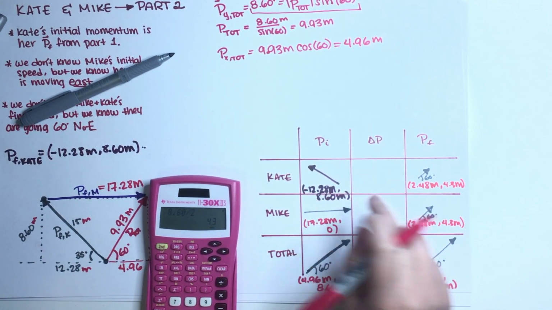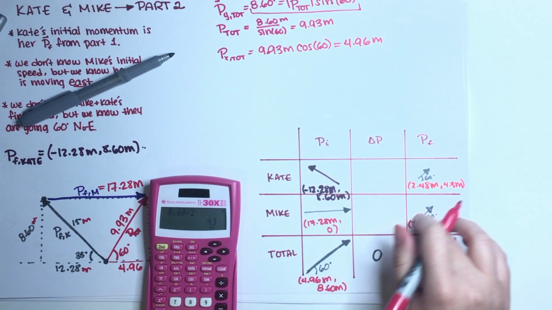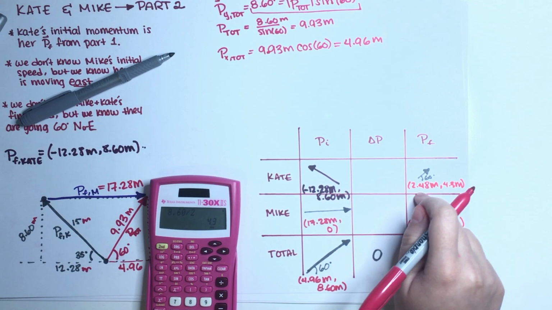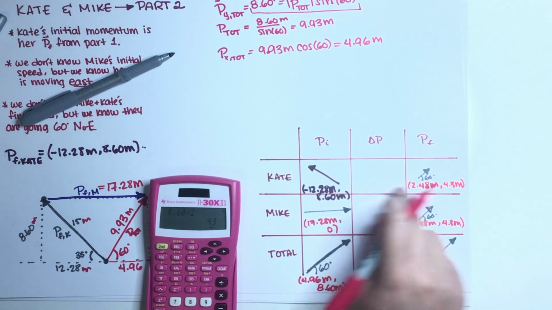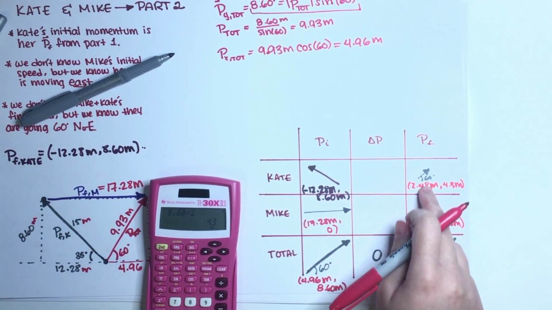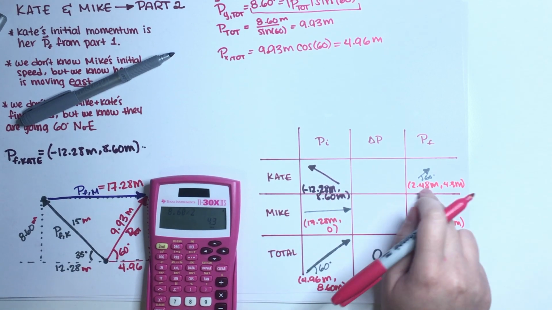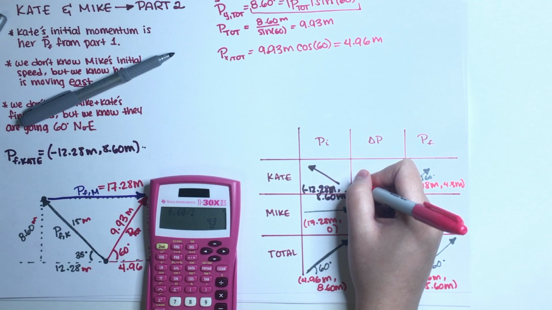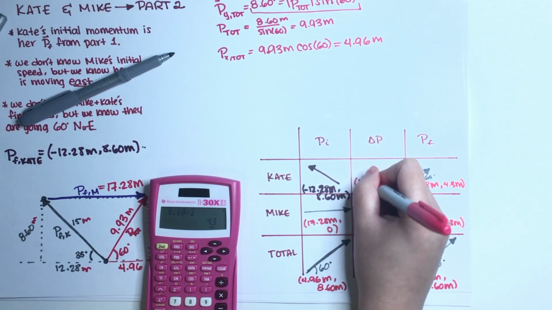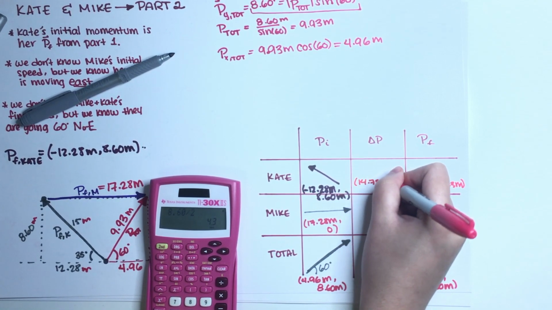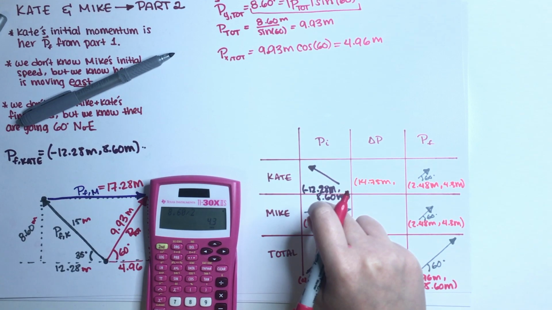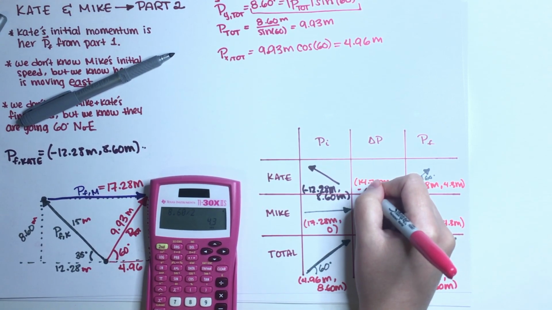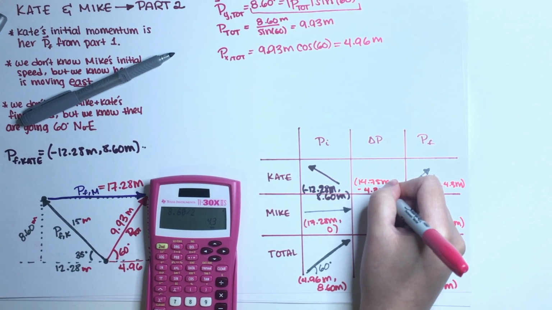So let's see. This row has to add up, right? And we know that delta is just final minus initial. So let's just go ahead and figure out what these numbers are. So final minus initial is 2.48 minus 12.28. That is 14.76. And then 4.3 minus 8.60, that is going to be negative 4.3 m.